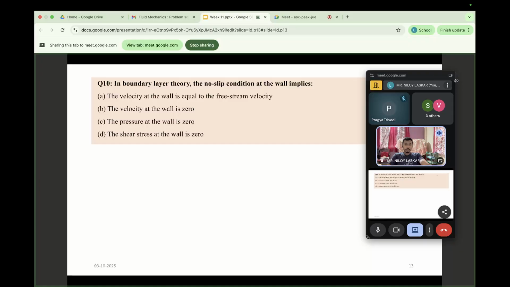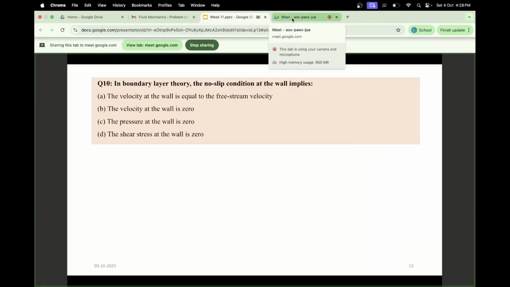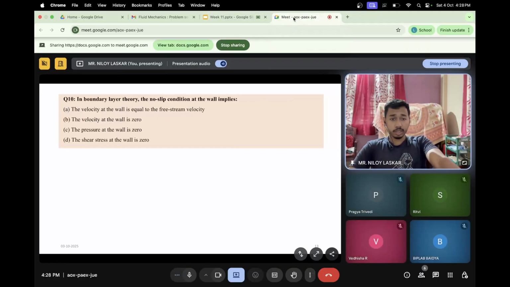It is another simple question. I am just giving you 30 seconds to answer this one. In boundary layer theory, what does the no slip condition at the wall imply? Just please try to answer.